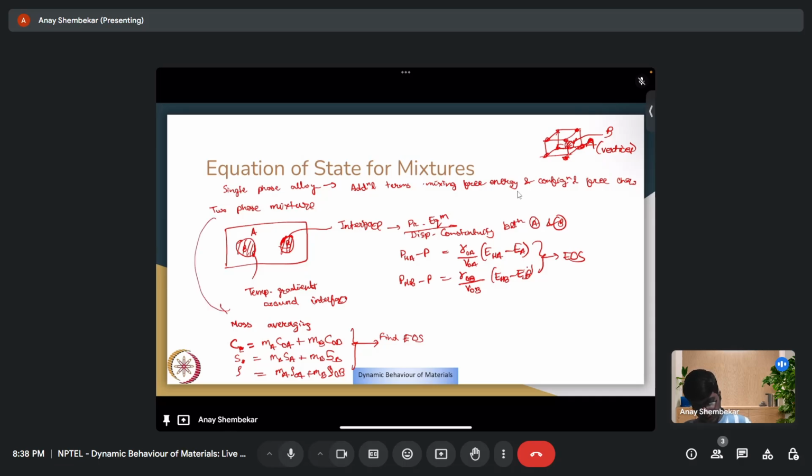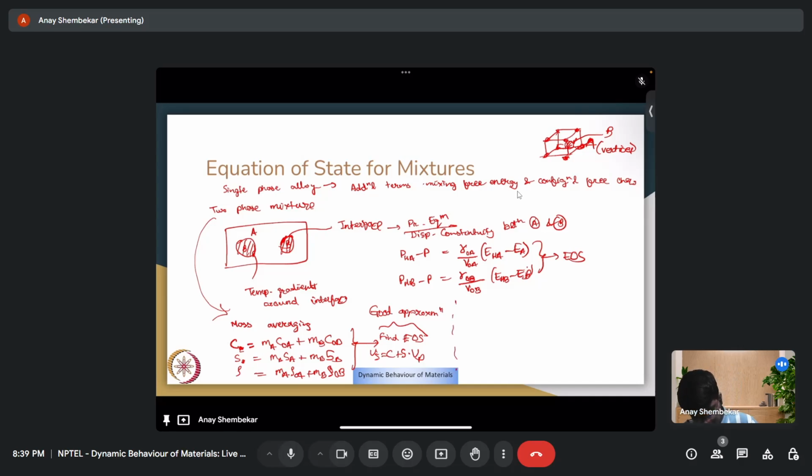So we are talking about a two phase mixture here. Us is equal to C plus S Up. This is a good approximation. Unless you are really interested in getting the calculation very right, you can use a simple mass averaging technique to evaluate the equation of state for the two phase mixture.